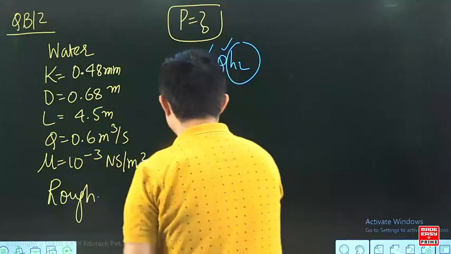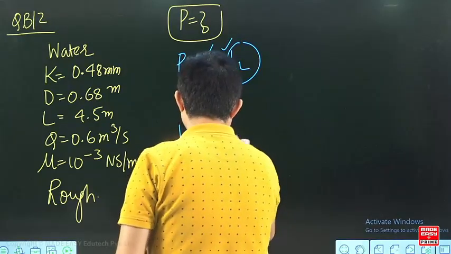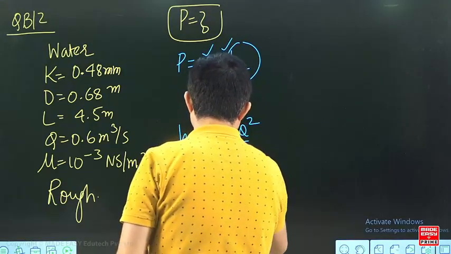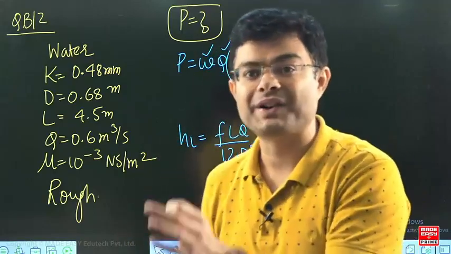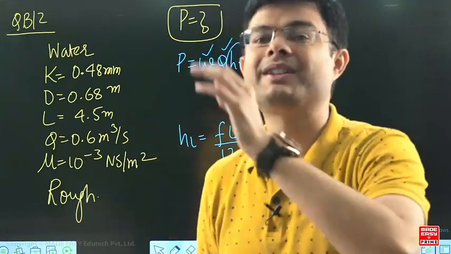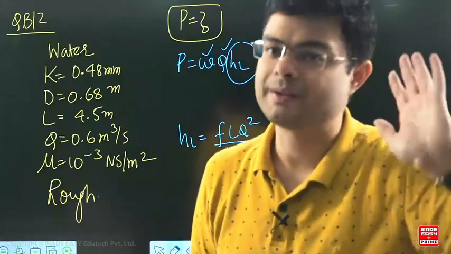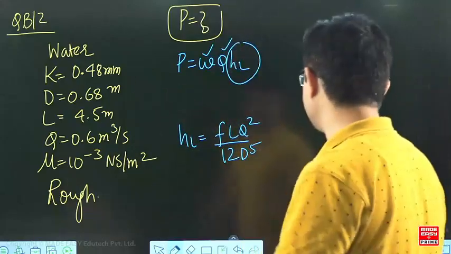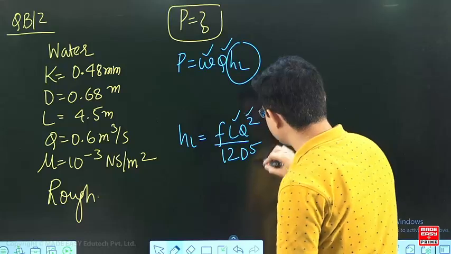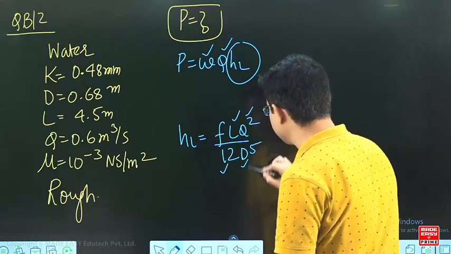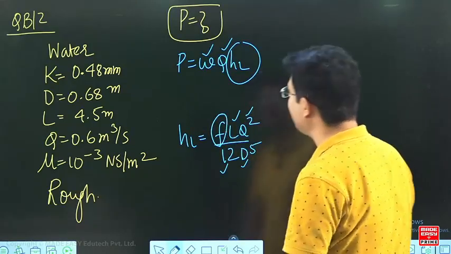This value of head loss is f L Q square by 12 D to the power 5. No matter whether your flow is laminar or turbulent, the value of head loss remains the same. See, the length of the pipe is known, discharge is known, 12 is known, diameter is known. What is missing? f is missing.